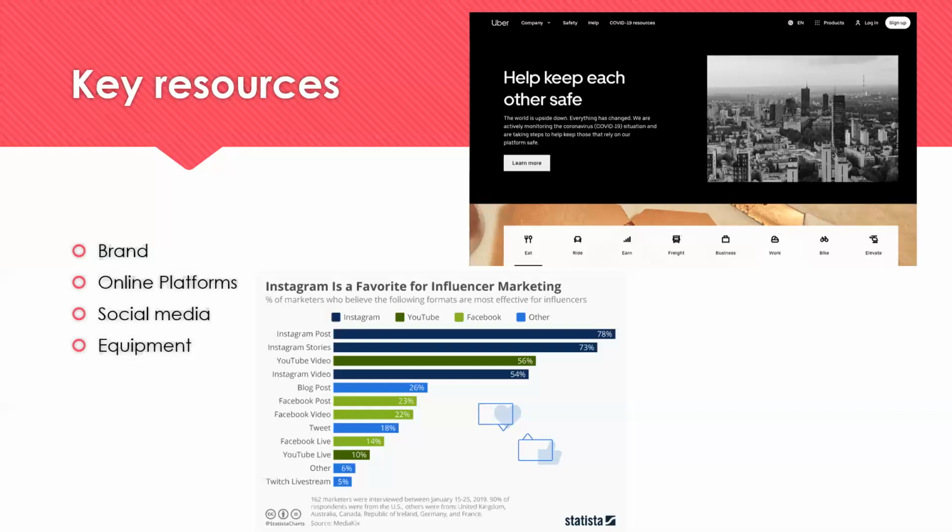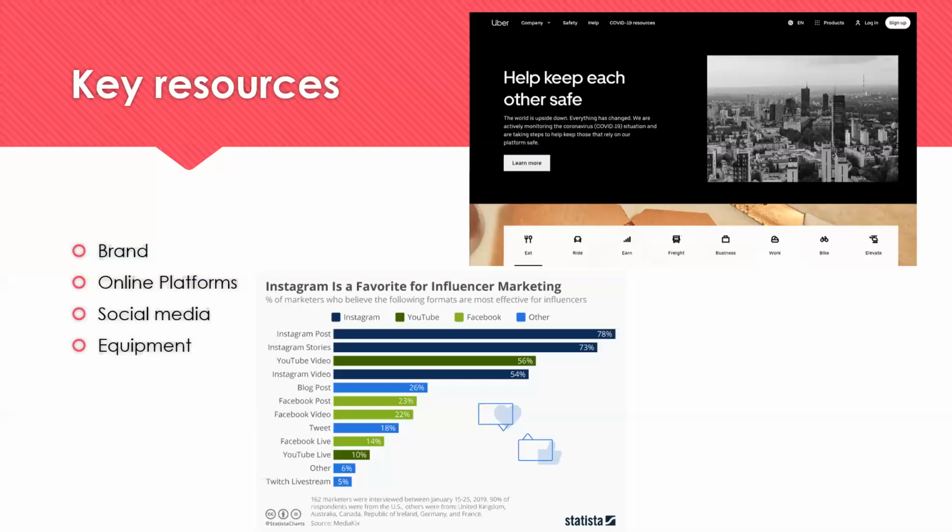Other things that you can have is equipment or anything that can boost your business. And this is also an example for Uber. On the picture on the top right hand side, you can see that Uber has rides, have different ways of earning money. You can invest, you can use bikes, you can use even helicopters.